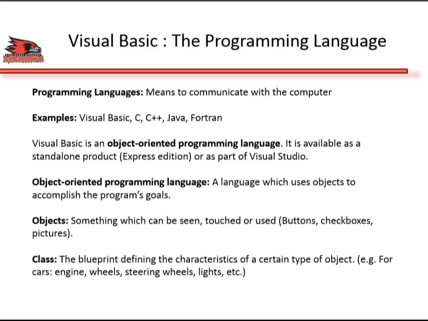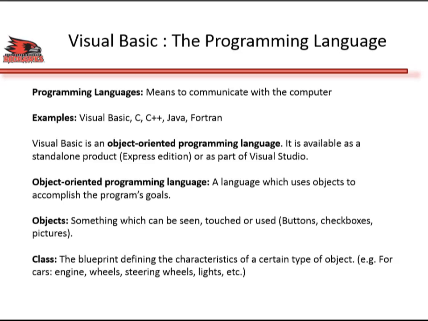Now, before going into more details about object-oriented programming languages, I've mentioned here that you can either download Visual Basic as a standalone product, which is also called the Express Edition, or it's available as a part of Visual Studio, which other than Visual Basic also contains other programming languages like C++ and a Java-like language.